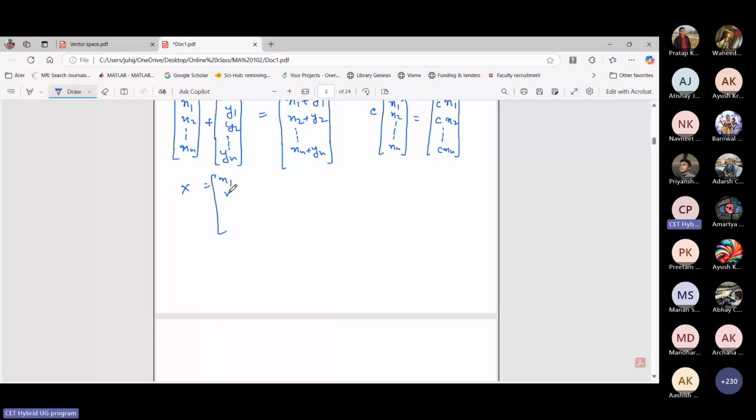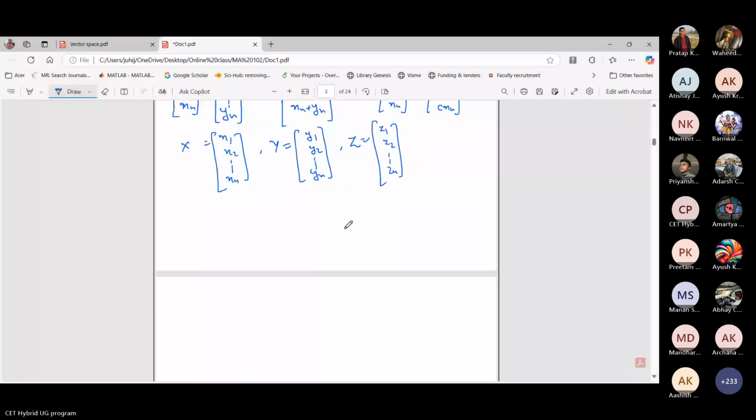x is equal to x1, x2, xn, y is equal to y1, y2, yn, and z is equal to z1, z2, zn. Then first one, we want to see x plus y plus z will be what?